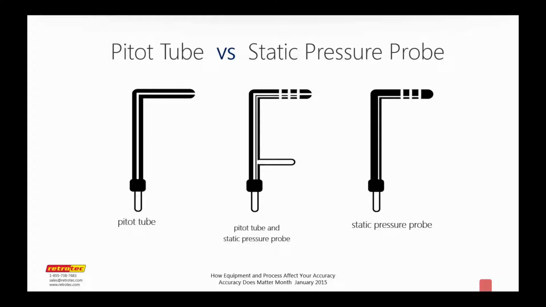So what happens is you want to make sure that you're not using a standard pitot tube. The better tube to use is actually a static pressure probe. And the difference again is that if this tube is stuck inside of a duct, then you have actual air moving across it.